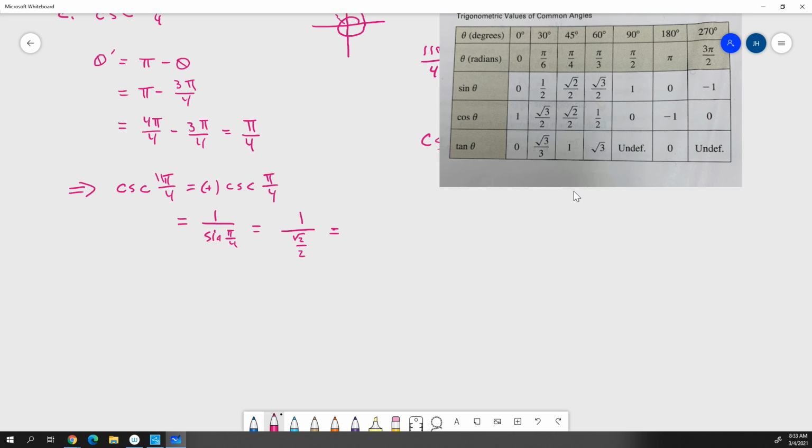Where we go, okay, 1 times the reciprocal, 2 over radical 2, when we multiply them together. And we have to get rid of that little bugger. So we get 2 rad 2 over 2 is what that equals. And then these cancel. We just get radical 2. Does that make some sense to you?